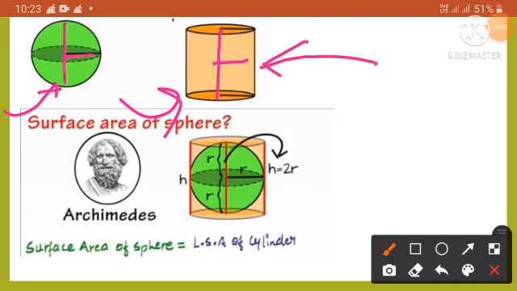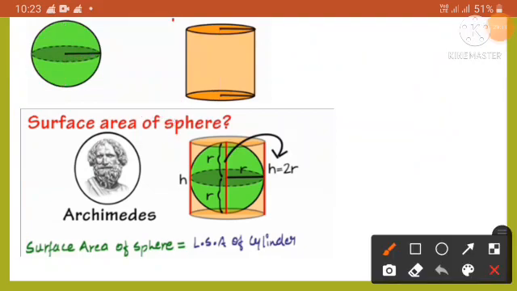Look, if the radius is r for the circle and the height is h for the cylinder, and we enclose the sphere inside the cylinder, then the height h will be 2r.